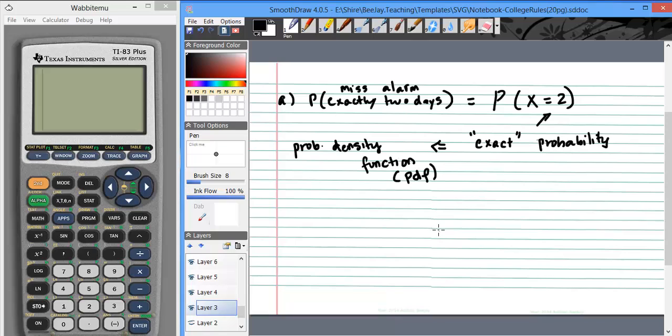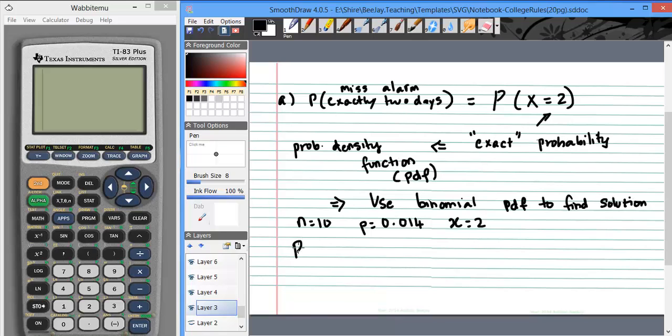So I know that I'm looking for an exact probability, and I know that this particular problem can be solved using binomial. So immediately we can come to a conclusion that we can use a binomial PDF to find the solution. I know n is 10, p is 0.014, and x is 2.